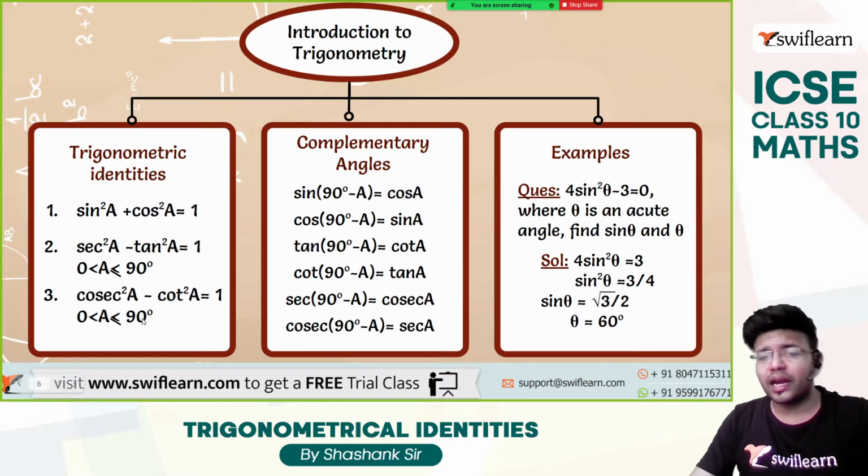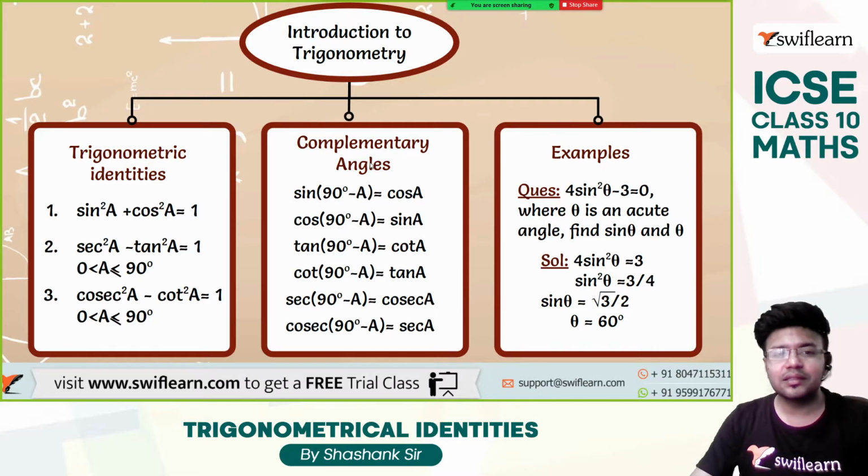It can be 90 also. So it is greater than 0 and up to 90. It cannot be equal to 0 because cot 0 is indeterminate, infinite. So that cannot be the value.